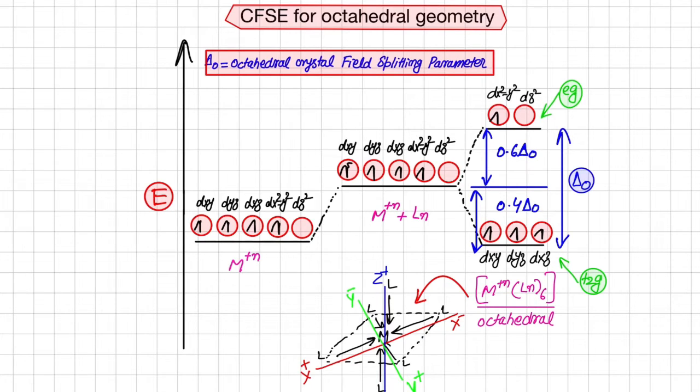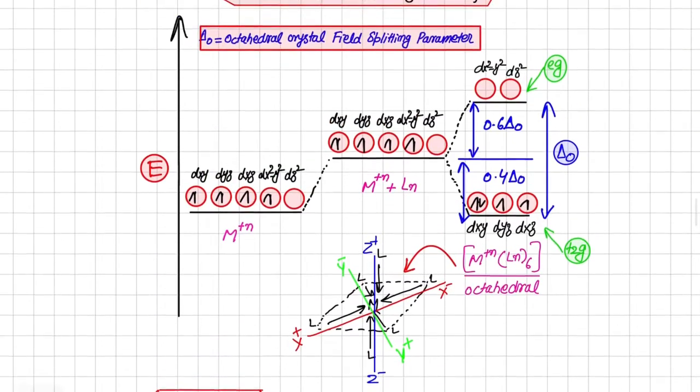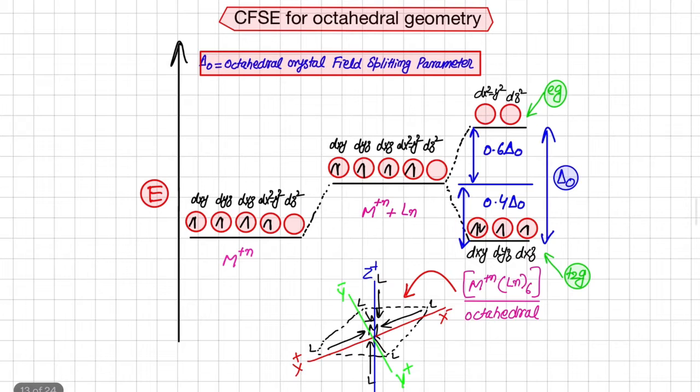So here, if the gap is less, the electron will prefer to be placed in a different orbital with the same spin. In case of strong field ligands, the gap is so much greater that Hund's rule is not obeyed here, because the 4th electron cannot go into the higher energy dx square, y square and dz square. Rather, it will be placed by force in the lowest possible energy levels.